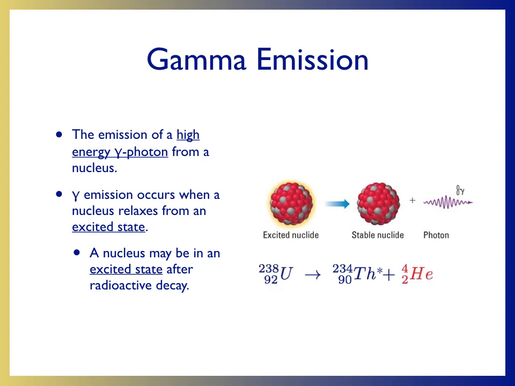For example, in our uranium alpha decay example, the thorium atom can end up having extra energy after the radioactive decay process. Therefore, when that excited state nucleus falls down to a lower energy state, or the ground state, it gives off that extra energy as a photon of light.